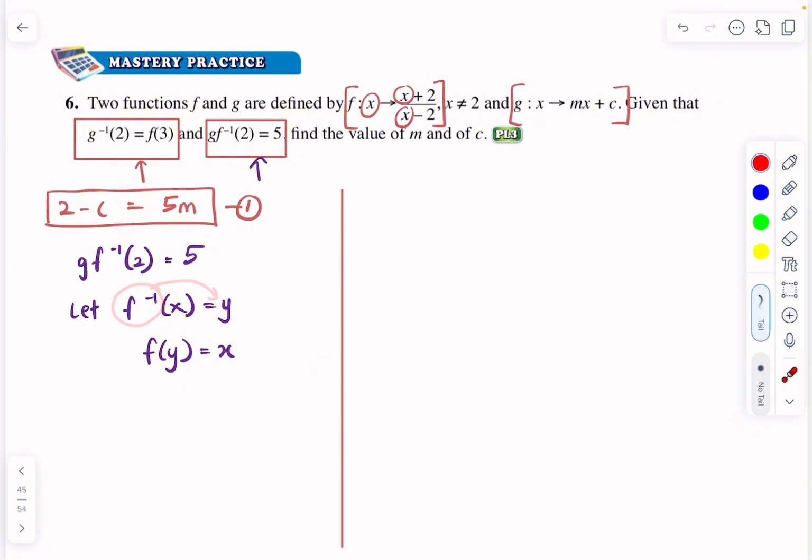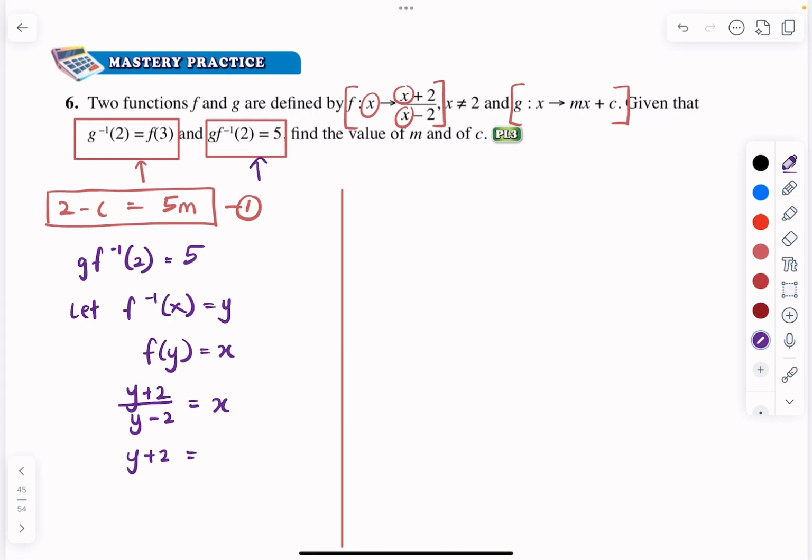F inverse, you bring there, becomes fy. So if fx is (x plus 2) over (x minus 2), fy would be (y plus 2) over (y minus 2). Then from here, we must make y the subject. So we bring this y minus 2 this side, expand it, and then whichever terms have y, we bring to one side.